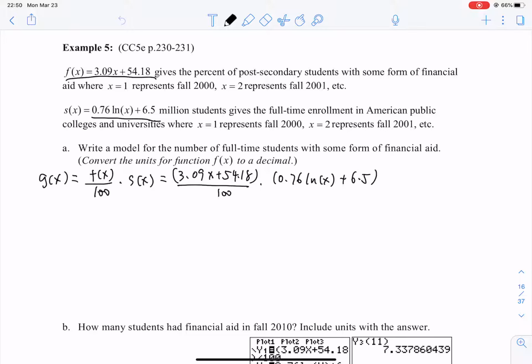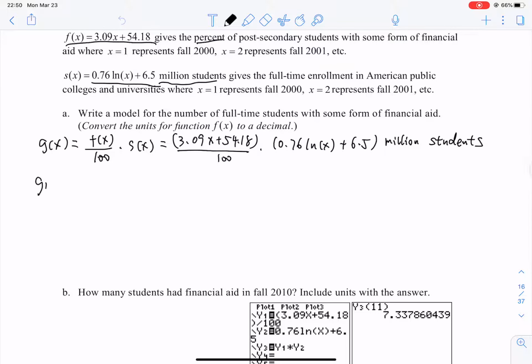The first one is just the percent. The unit is percent. We know the product of the two functions is in millions of students.